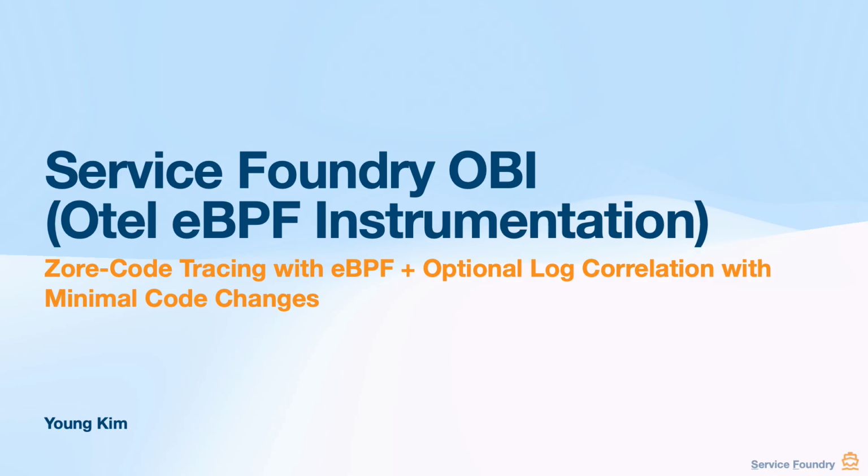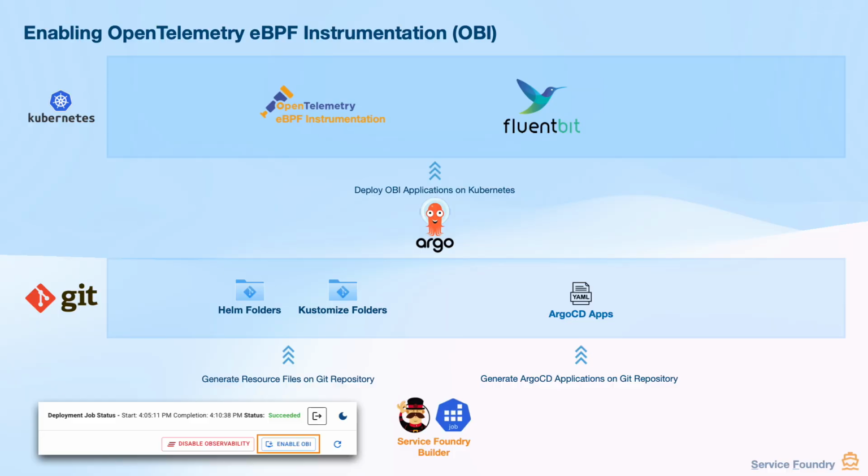This minor change allows observability platforms like Grafana to connect the dots between traces and logs, providing full-stack visibility. With OBI, even legacy or third-party apps become traceable, and by adding a few lines of logging configuration, you gain powerful end-to-end correlation.